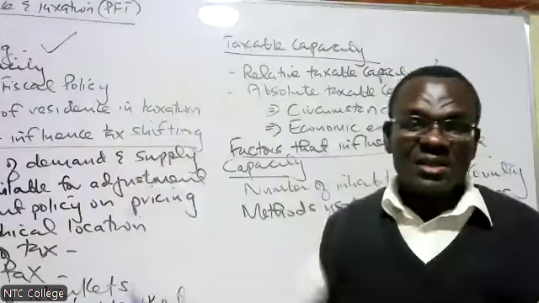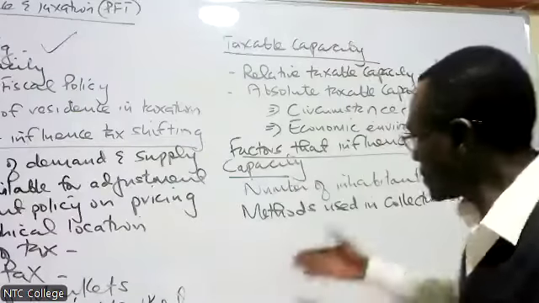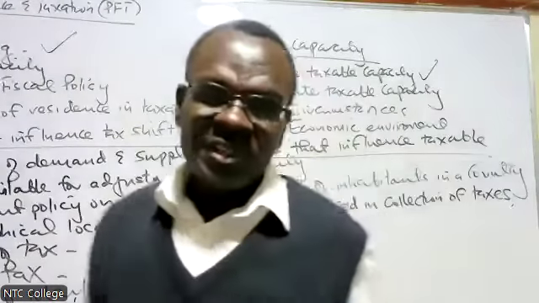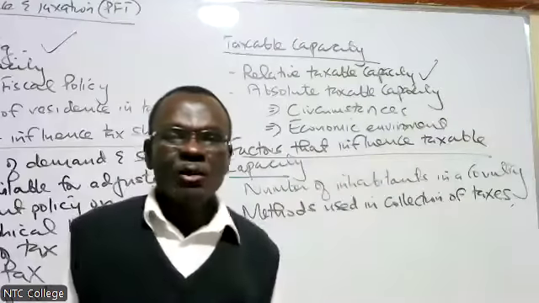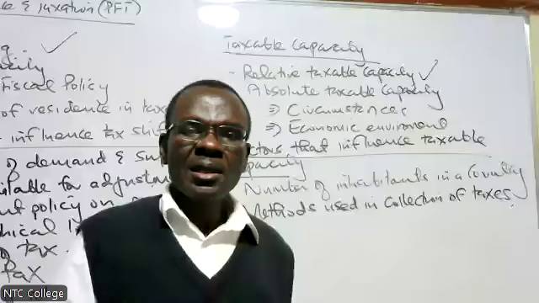So there are additional taxes to try and raise that. Well, it explains why methods are important. Methods used in collection of tax may result in more revenue or even less revenue.